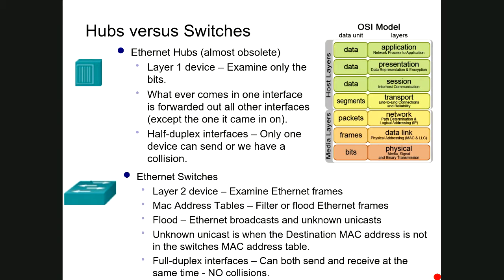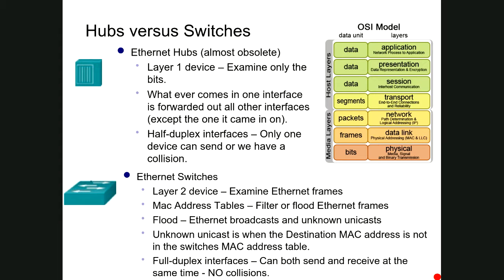If it's an unknown unicast, if I send a ping request into the switch, and the switch has not yet learned PCB's MAC address because PCB did not yet reply to the ping, at that point PCB is an unknown unicast, and the switch floods it out the ports as if it were a broadcast, so that you will be able to hear it.